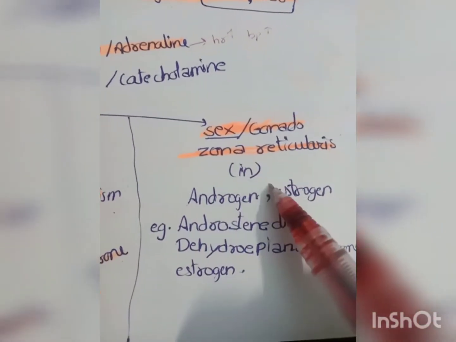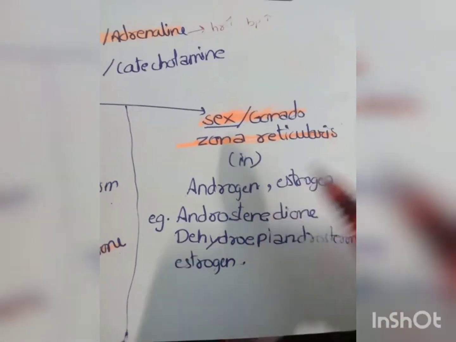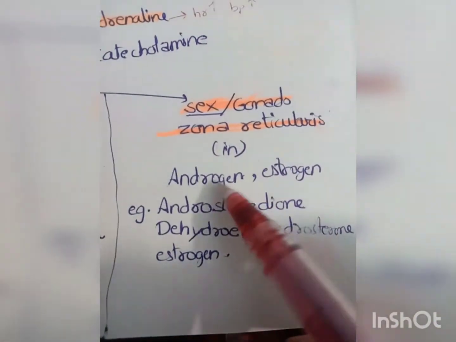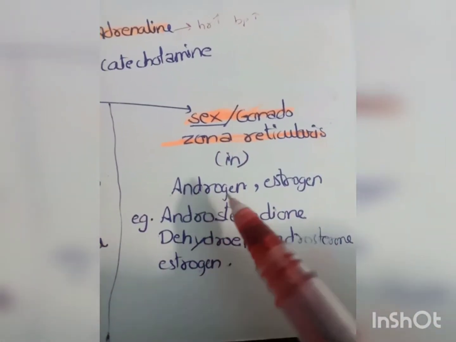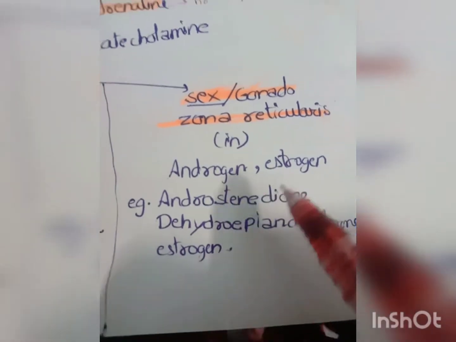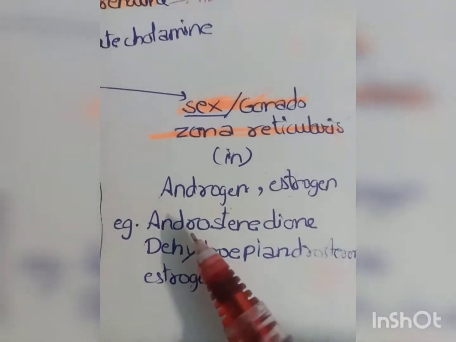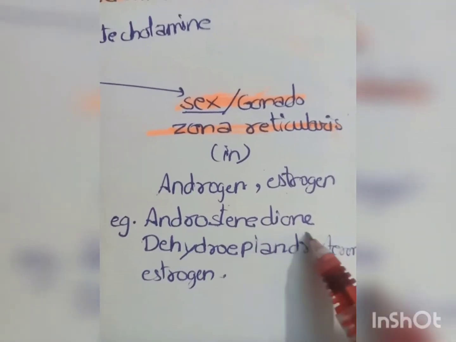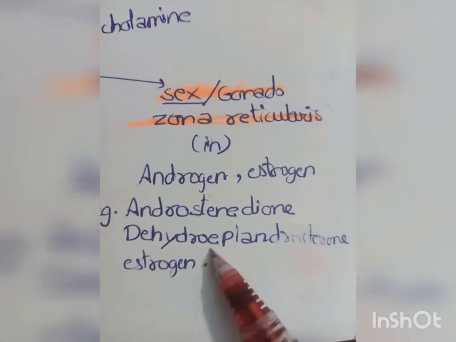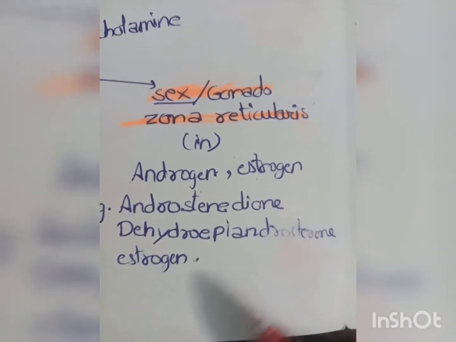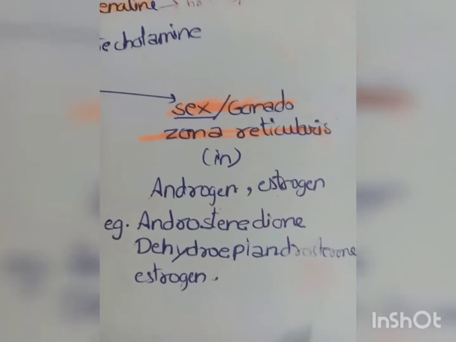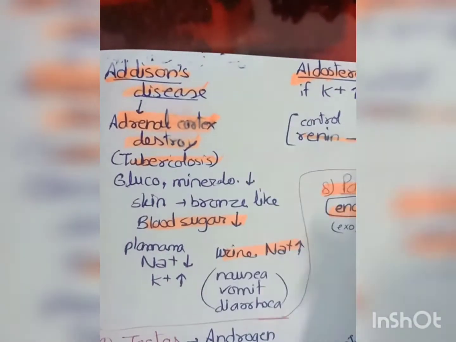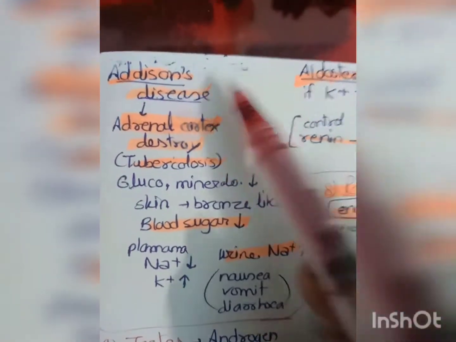They are present in the innermost layer of the cortex. They secrete androgen and estrogen, and the examples are androstenedione and dehydroepiandrosterone, estrogen, etc.